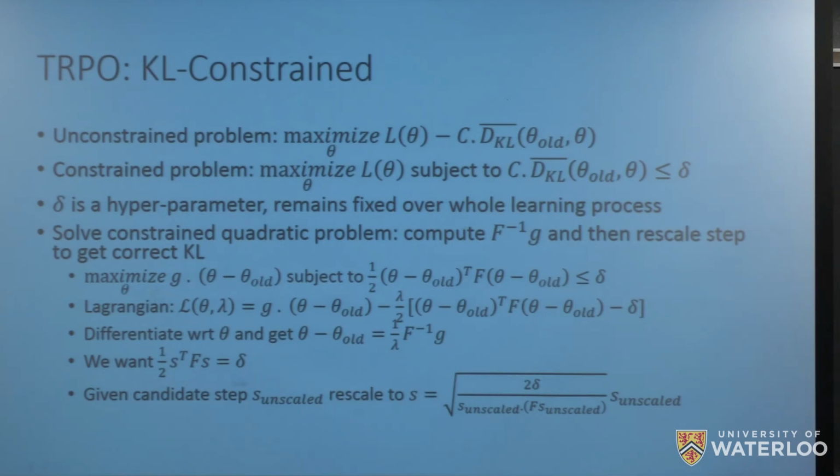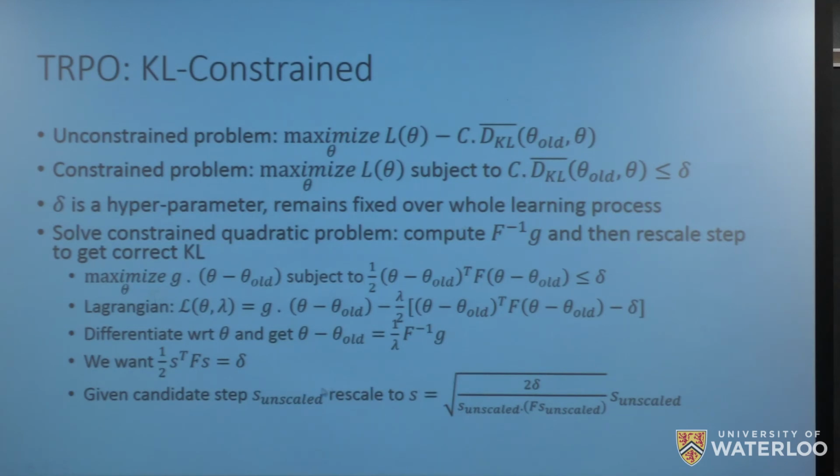And then you get this term, which is half of the step that you take with respect to F equal to delta. This particular condition is coming because of the constraint that we put on the equation. So it turns out that you can calculate the steps and rescale them back in order to satisfy this constraint.